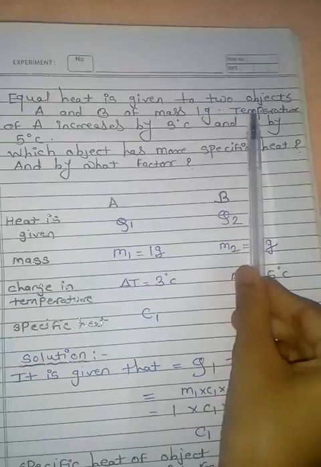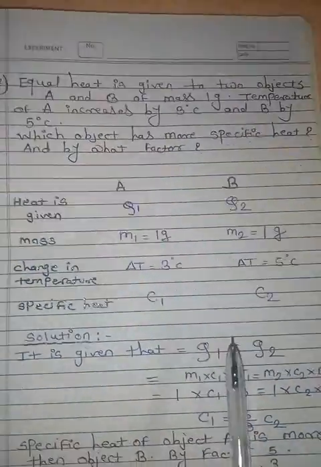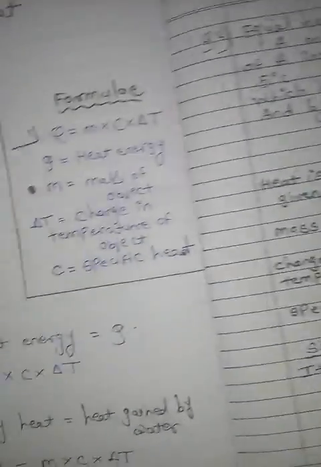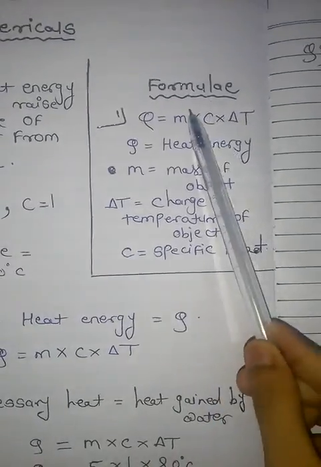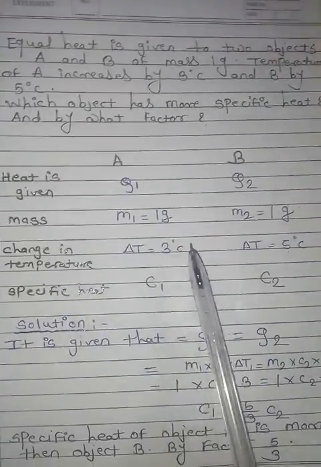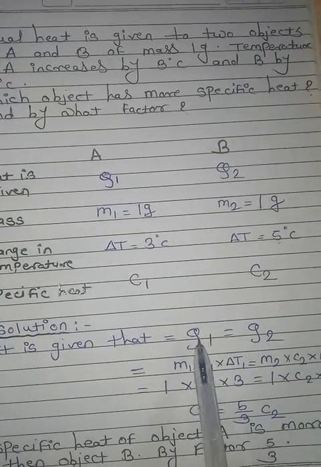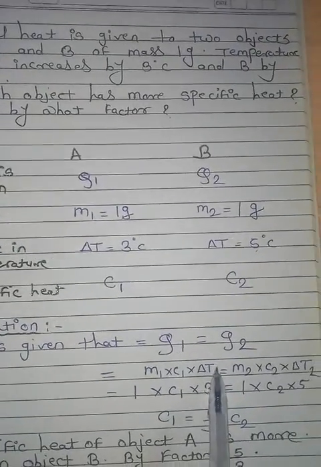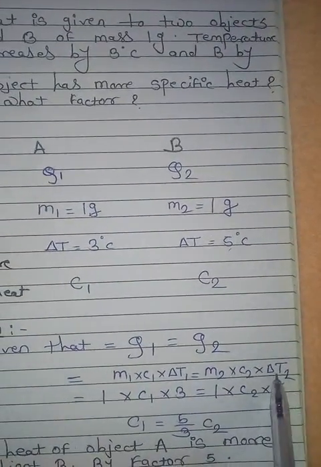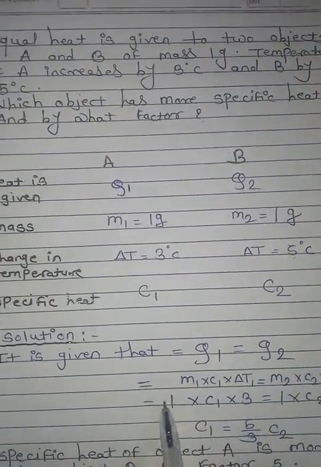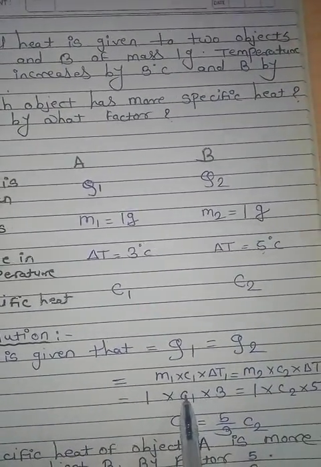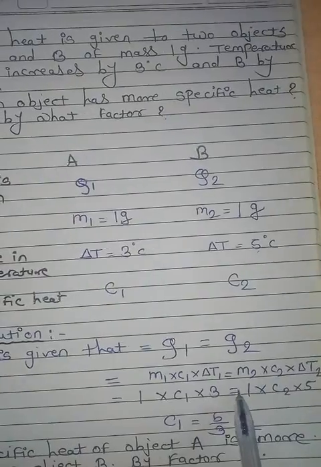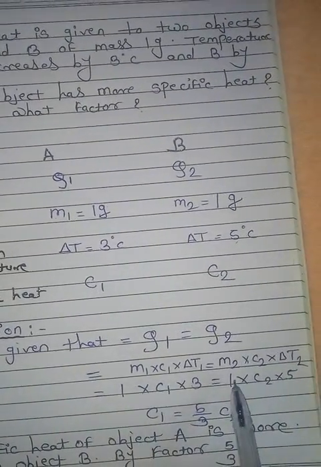What was the formula for Q1? We used Q is equal to M into C into delta T, but here there are two objects, so we write M1 into C1 into delta T1 is equal to M2 into C2 into delta T2. The value of M1 is 1, C1 we have to find out, delta T1 is 3, and M2 is also 1.